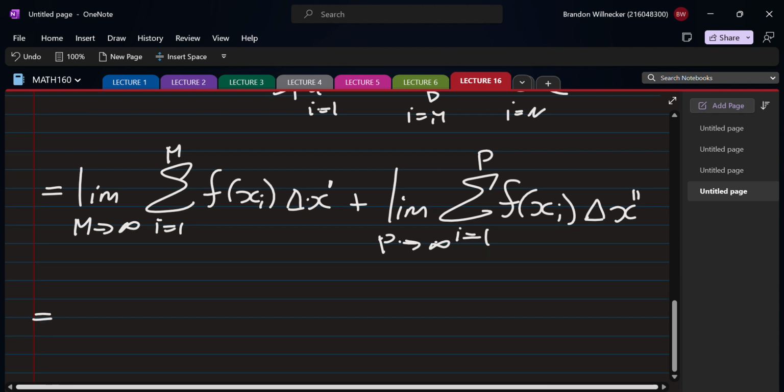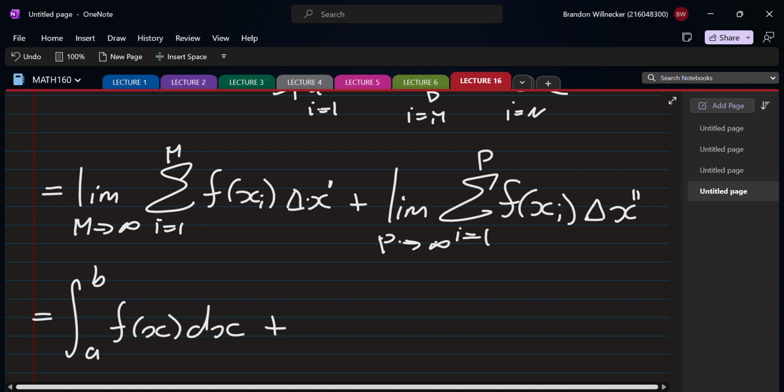So now the first bit, we did a bit of rearranging, but it's still a definite integral. It has the same limit definition. So we have the integral from a to b, f of x dx, plus the integral, and again, we did a bit of changing.